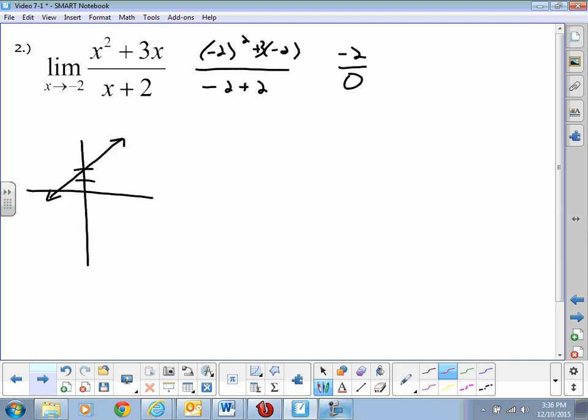As our x's approach negative 2 from the right, our y values are approaching from the positive side. But as our x's approach negative 2 from the left, our y values are approaching from the negative side. So because one's going from the positive and one's going from the negative, this is going to be a does not exist case, because the right hand and left hand will not be the same.